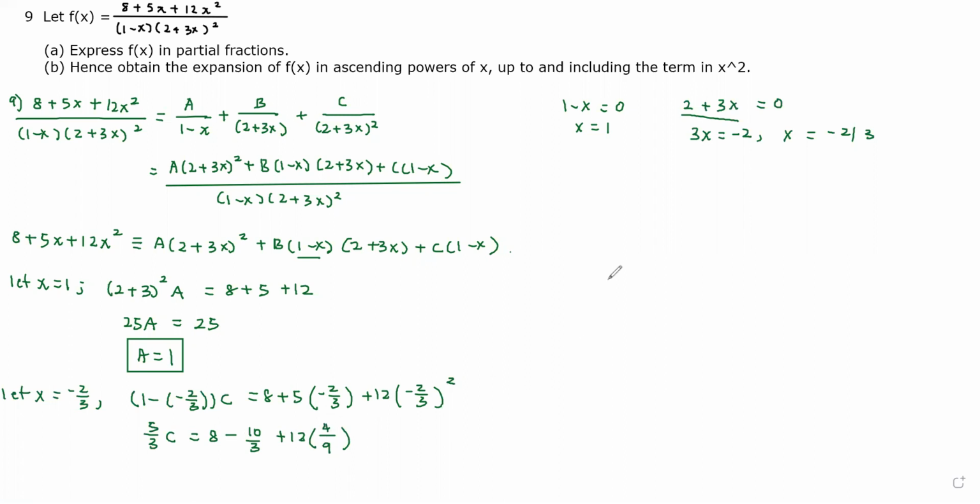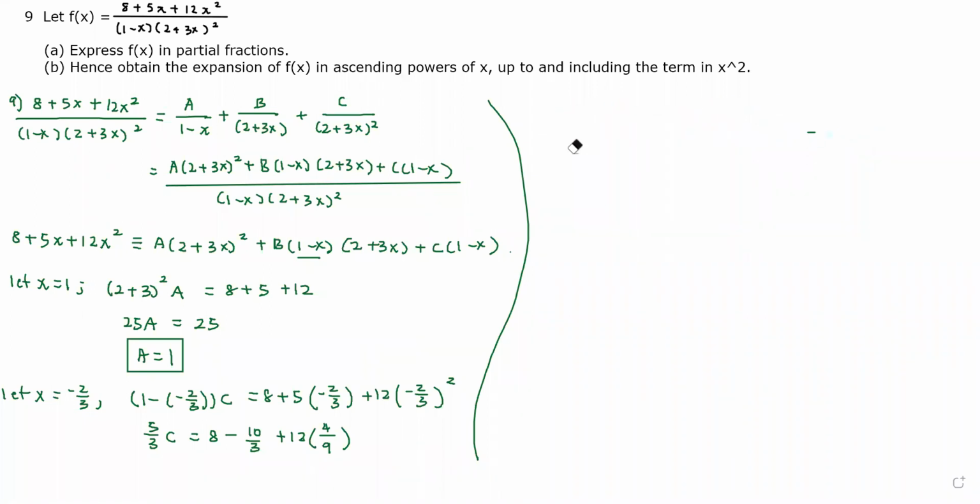We can evaluate the right side directly. We have 5 over 3 C on the left, and when you evaluate the right side, you get a value of 10. From here, C must be 6. That gives us the value of C.